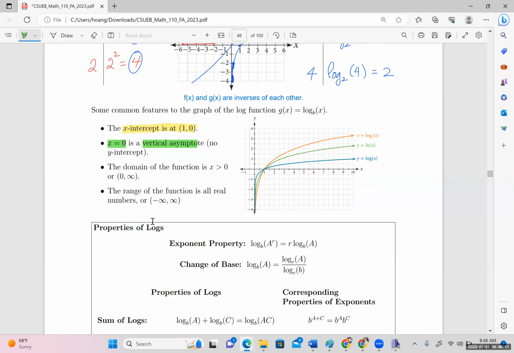And the domain will be, you see that x will always just go horizontally from 0 to positive infinity, not including 0, right? So that's the reason why you have x greater than 0, or from 0 to positive infinity, not including 0.